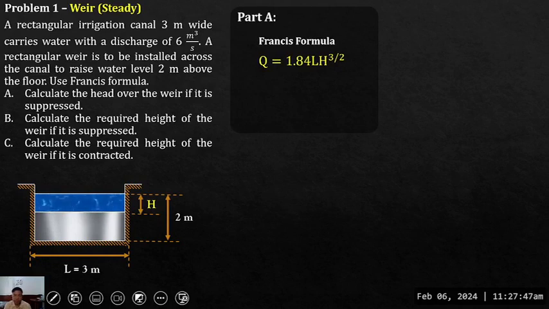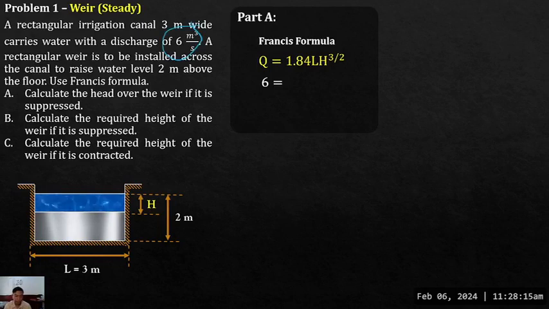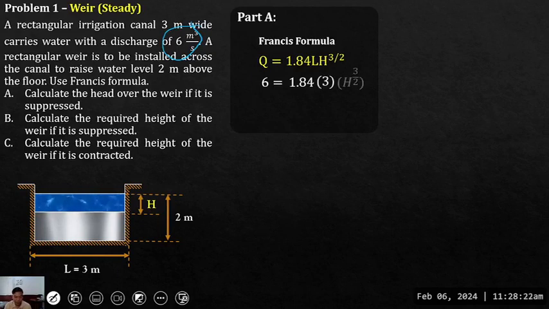Okay? So, since sinabi naman sa problem to use the Francis formula, so Francis formula yung gagamitin natin. So, Francis formula is Q is equal to 1.84 times the clear length of the weir times yung head natin raised to the power of 3/2. Sige, so substitute lang natin yung mga given. So, Q that is given as 6 in the problem. And then, bring down 1.84 times yung length, that's 3 meters, times yung H that is unknown.